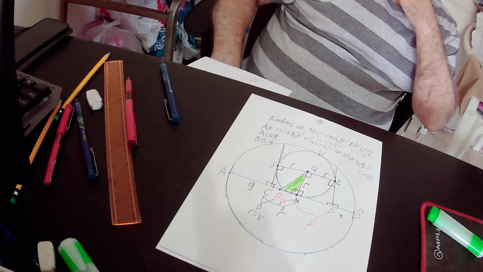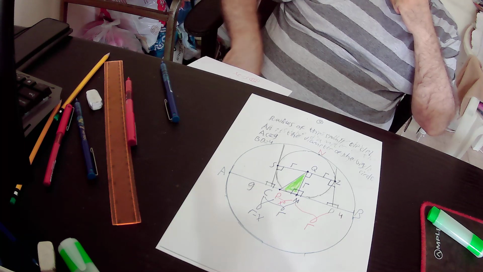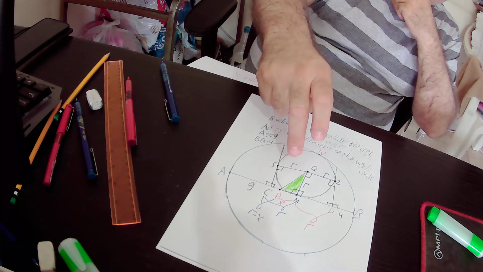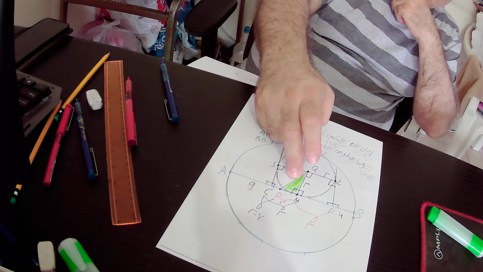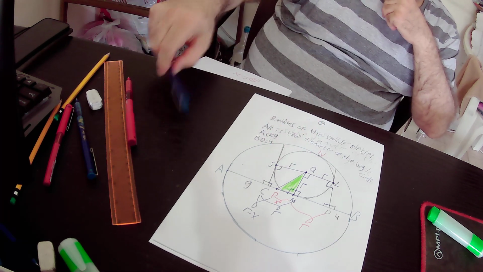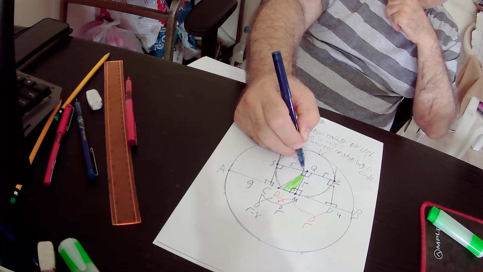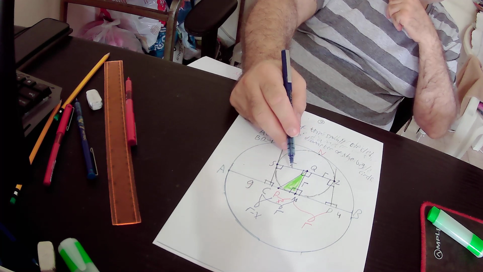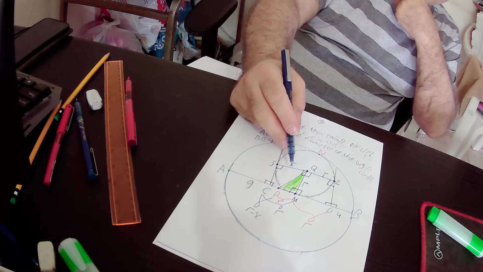And we repeated the same process for the quadrilateral SQCM, because it has 3 right angles. So the fourth angle must also be equal to 90 degrees, according to rule number 2, that the sum of the angles in a quadrilateral equals 360 degrees.